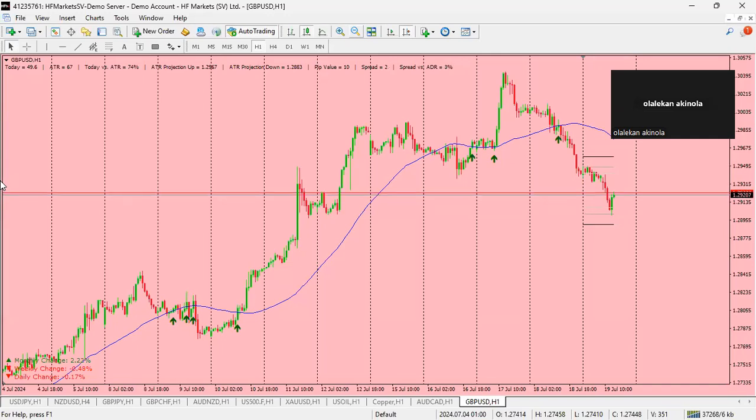If I was going to do anything with pounds USD today, I need to sell. I need to sell. So the red background now is a confirmation of the analysis I have just done.